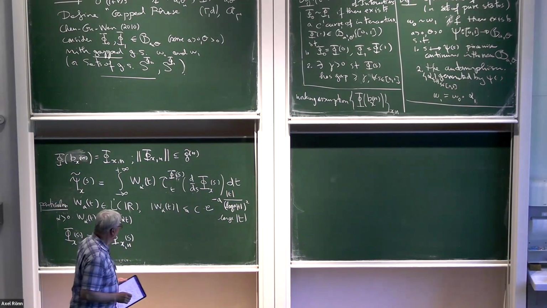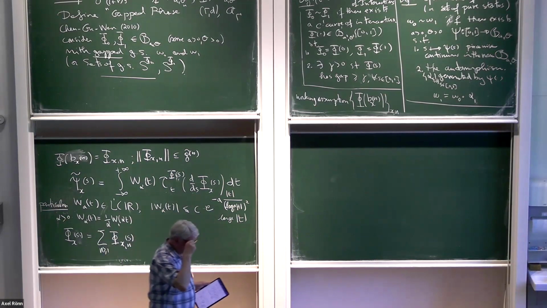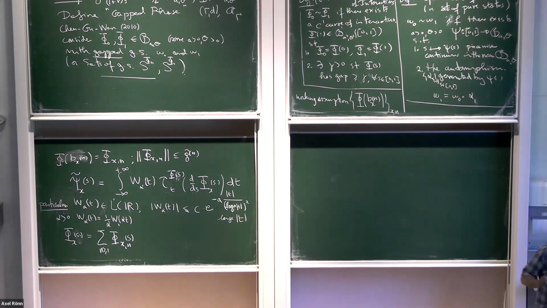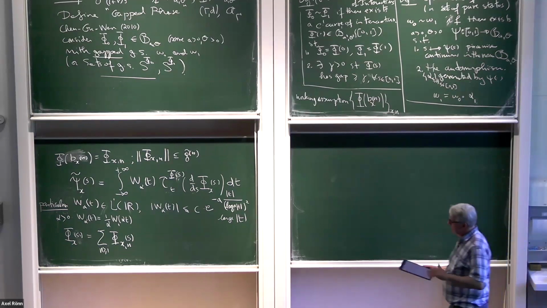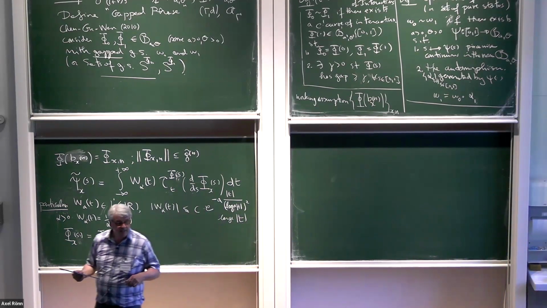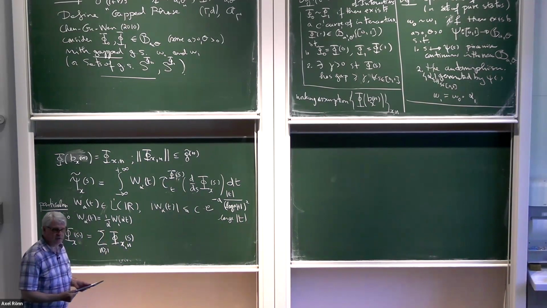This is discussed in one of the references that I posted, our long JMP papers, 2019: how to construct good functions with as much decay as you can master that satisfy some other properties. The derivative of W has to have Fourier transform of compact support and so on. So there's a number of conditions.